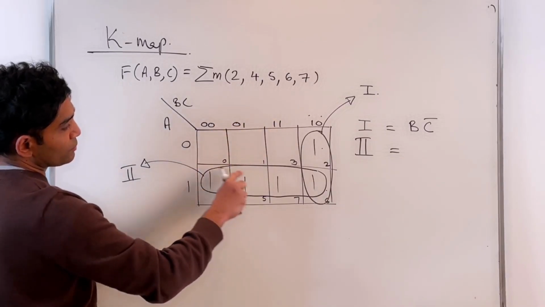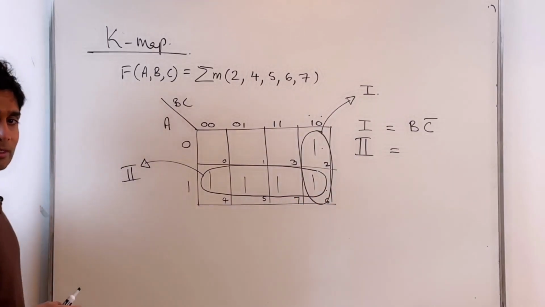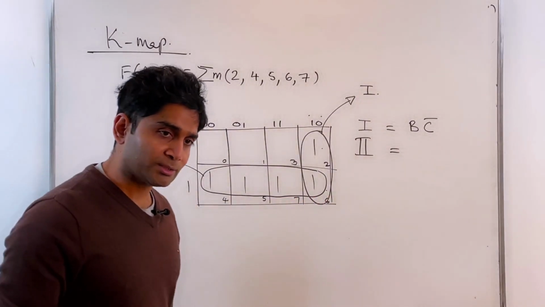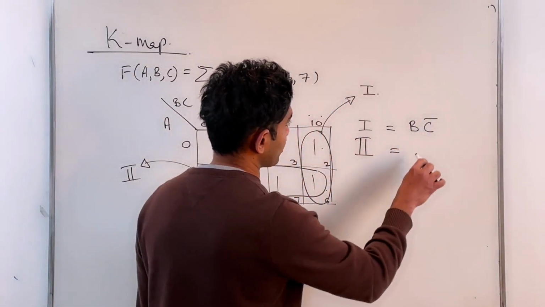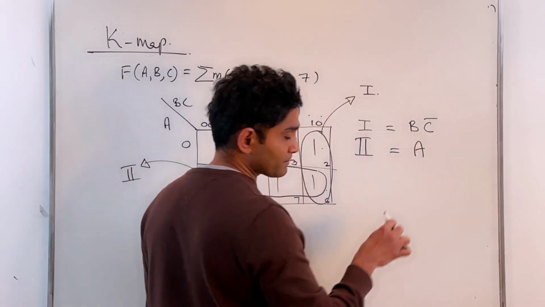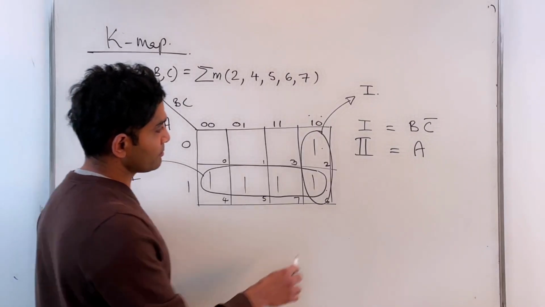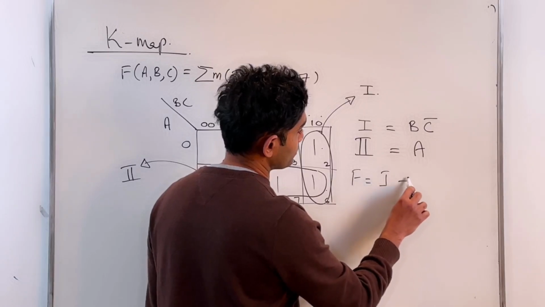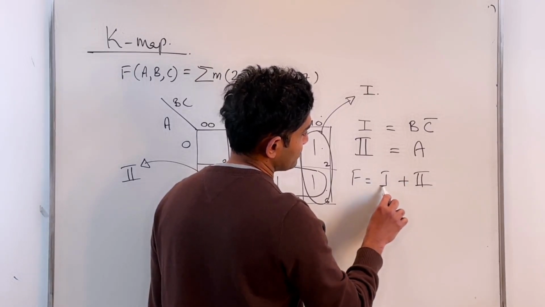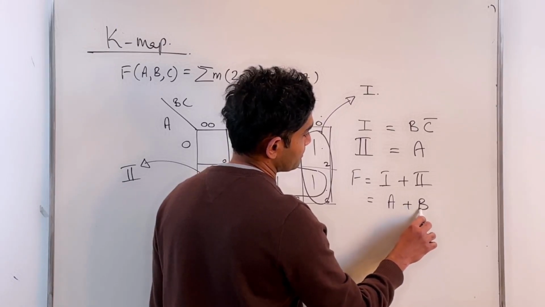B gets eliminated. So when I go through these adjacent cells, I see that B and C are changing, so B and C get eliminated. And I end up with what doesn't change, which is A. Right? What is my function then? My function is a combination of these 2 product terms, 1 and 2, which gives me A plus BC prime.